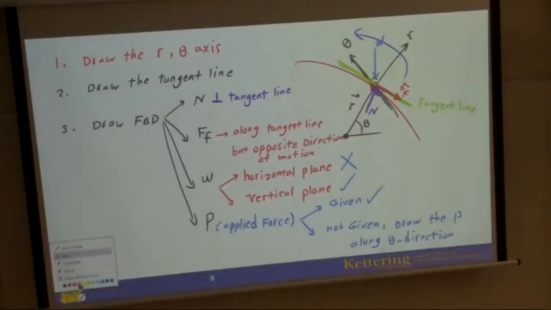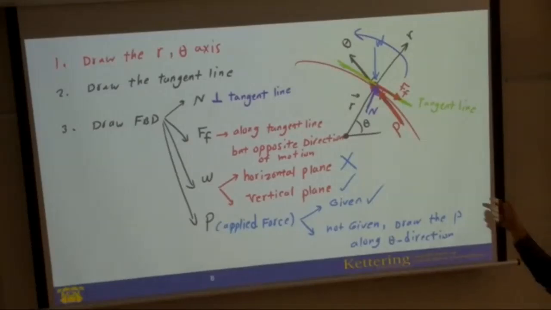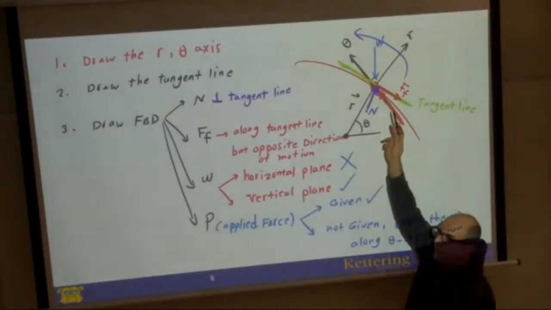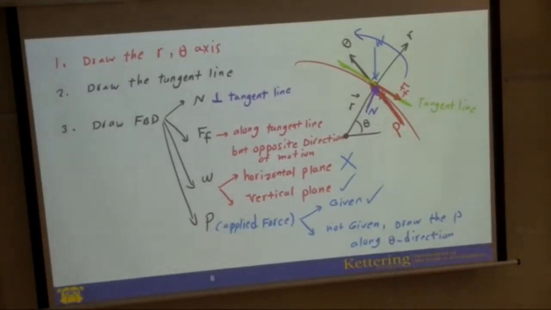Let me draw P. This will be the P. It is along the theta, and also is parallel to the motion. Something is pushing this one to move along the curve.